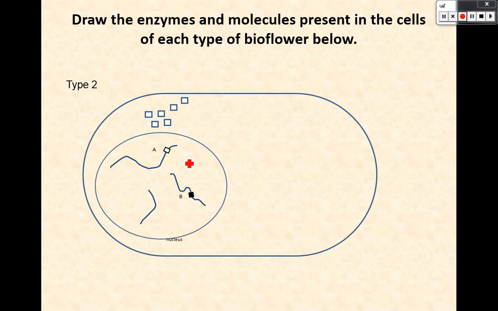Another option is one gene is producing functional enzyme, so let's say B, whereas one gene is producing non-functional enzyme, so for example A. And so here, notice we get our enzyme B, and that's totally functional. It looks, if we go back here, exactly like this enzyme. However, in this case, and I'm going to draw it in this time, let's say we have these non-functional enzyme A's here.